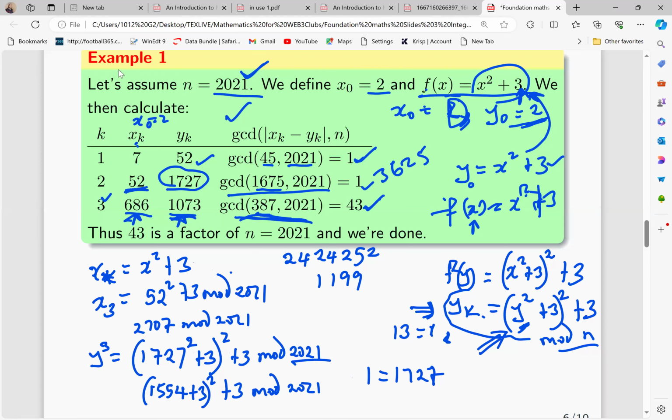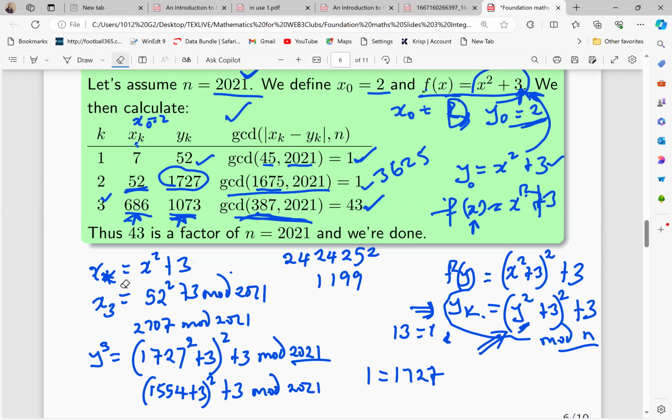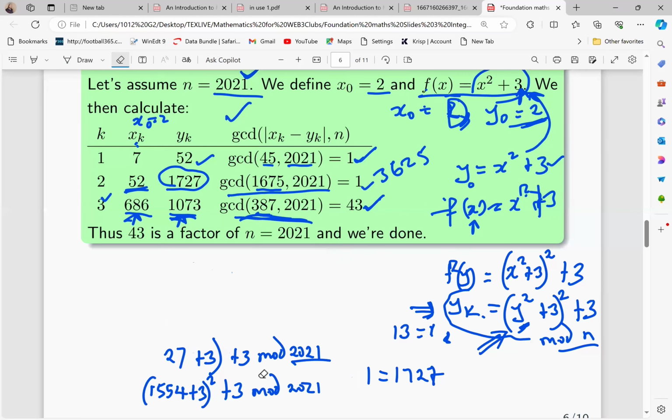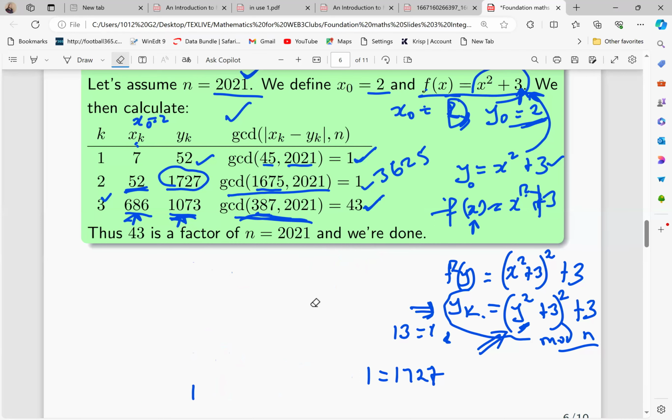That's what we began. Where we began, we said when you get a GCD that is not 1, so long as it's between 1 and n, then that GCD becomes the factor. Let us see whether it's true. Let us see whether 43 divides 2021.